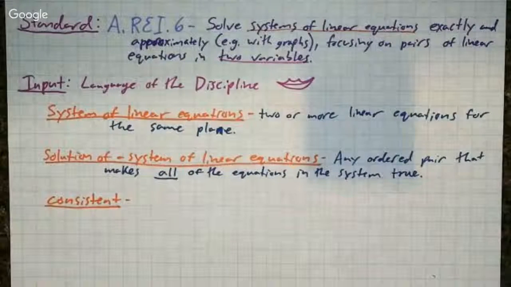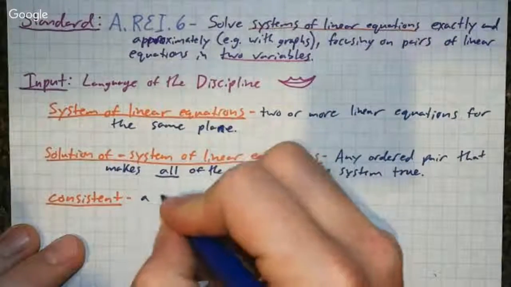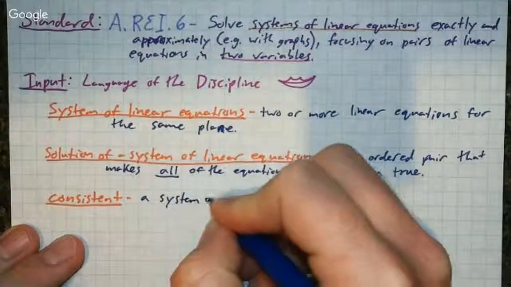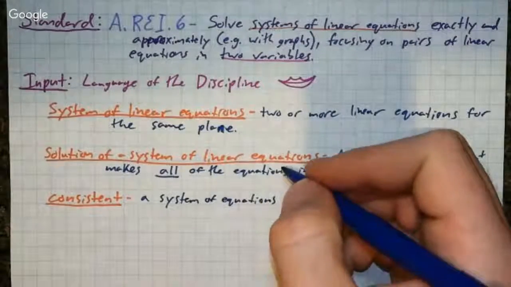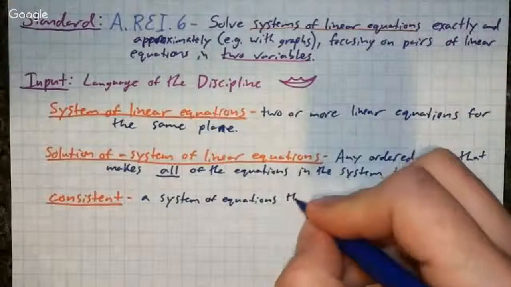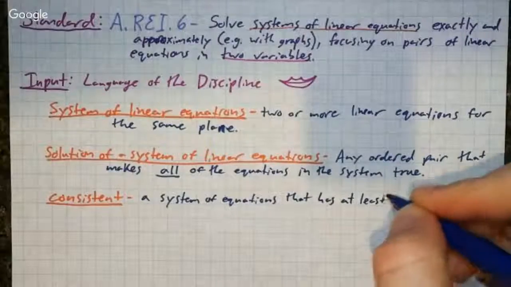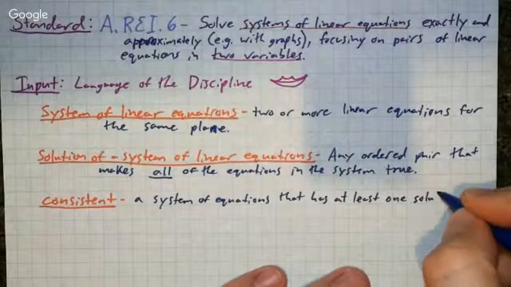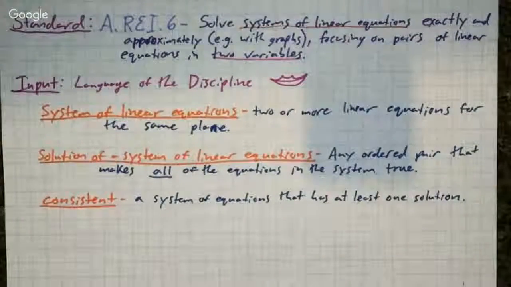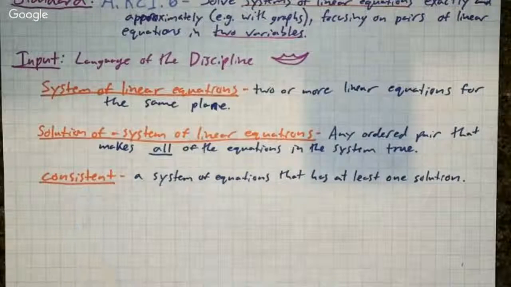In terms of what we're talking about today with math, consistent is a system of equations that has at least one solution. So if there is a system and there is at least one solution, then that is consistent.